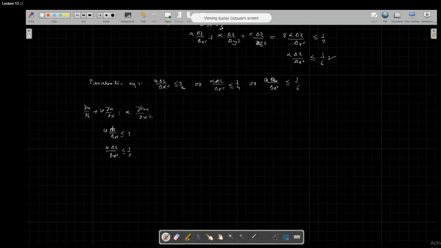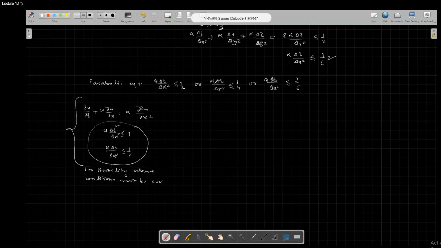You have to select delta t and delta x values in such a way that these conditions get satisfied for this particular problem. Then only is this problem stable. For stability, the above conditions must be satisfied.